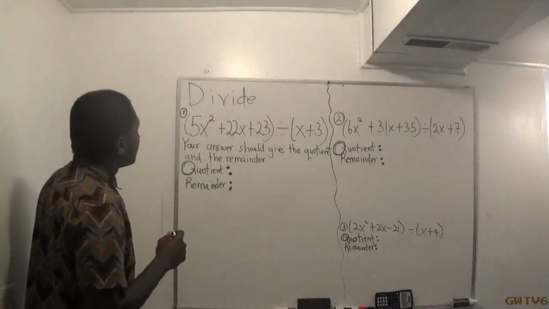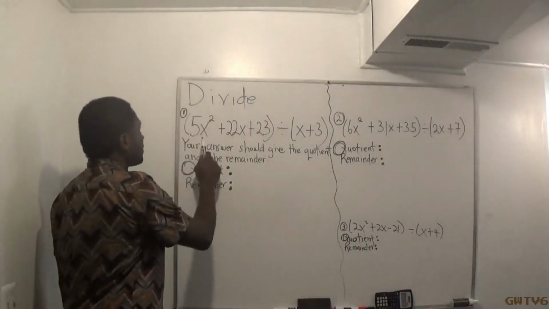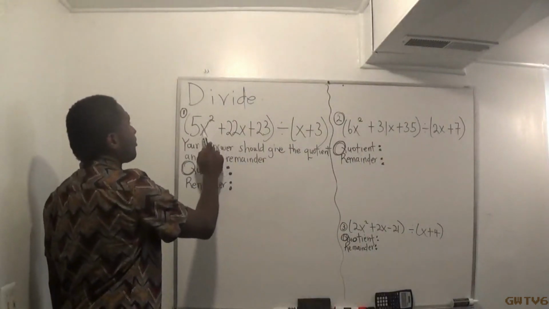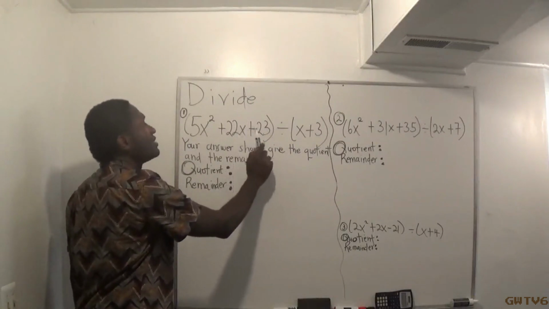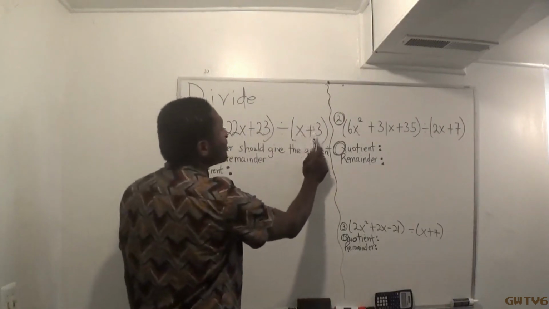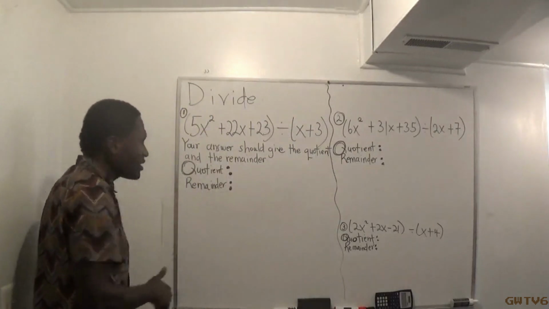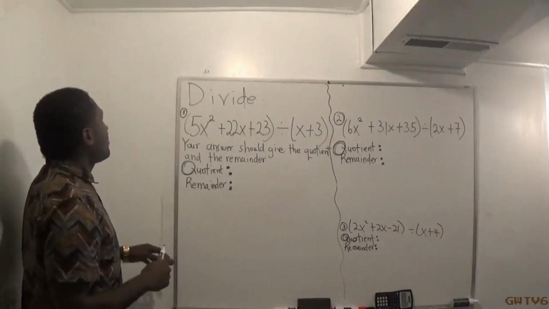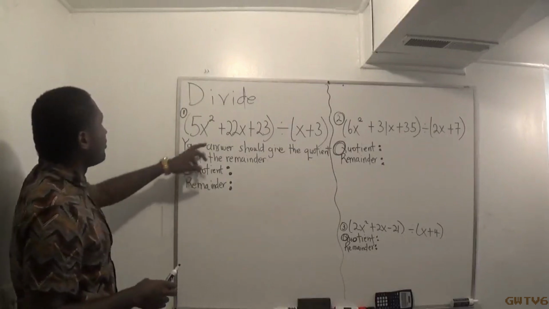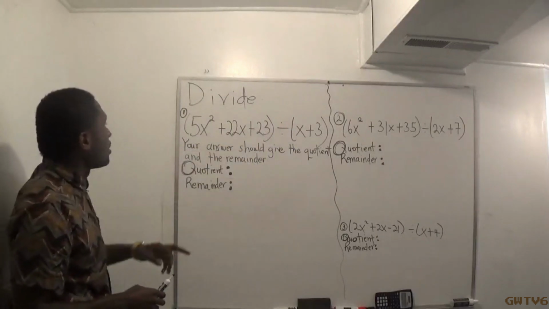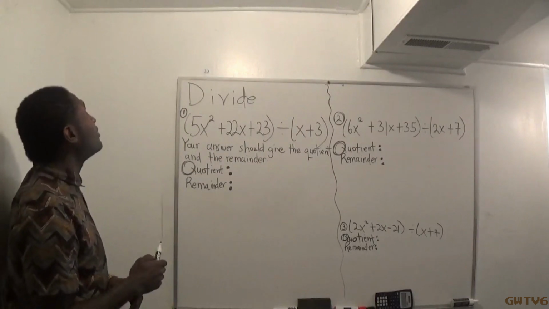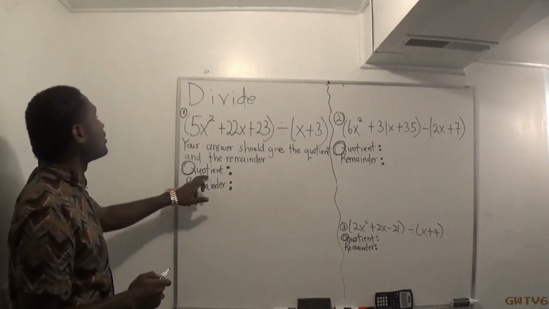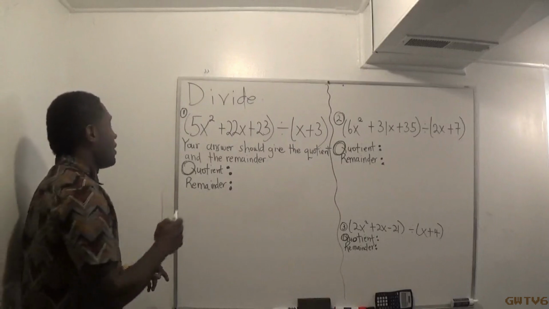Alright, so looking at this right here, first, this is in the right order. From x squared, I have x to the 1, or just x, and then a number. That's good. So now, if I'm being asked to divide these two, I know I have to use long division to figure out what the quotient and the remainder are.